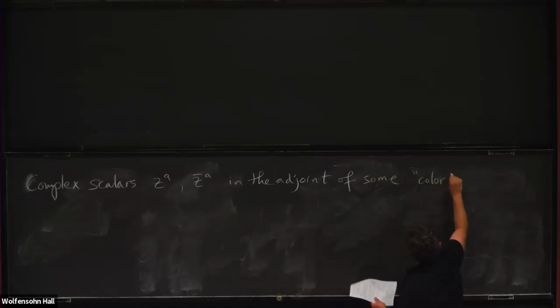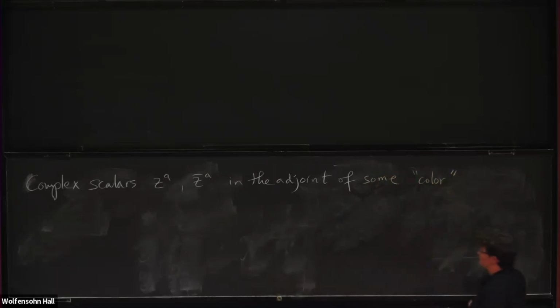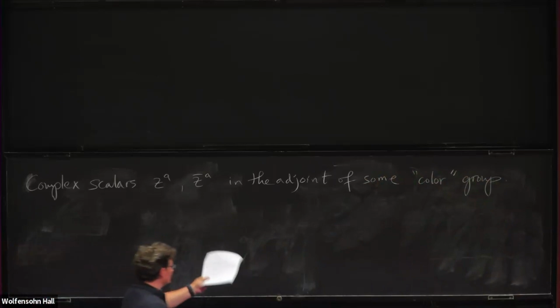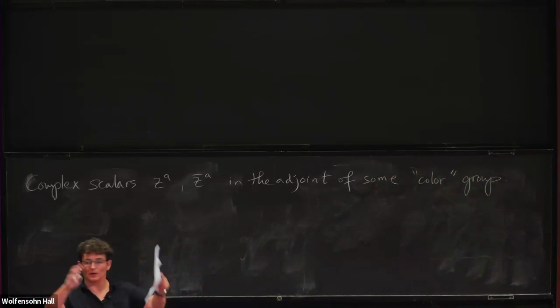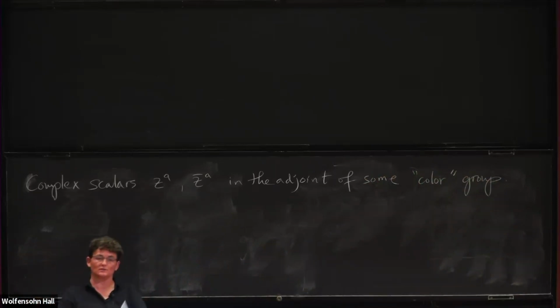You can think of it as color, as in QCD, or as a flavor group, whichever it is, doesn't matter so much. Now, if you have such an amplitude, there will be generators of this color group entering the amplitudes, but the color structure and the kinematics part factorize from each other in a certain way.